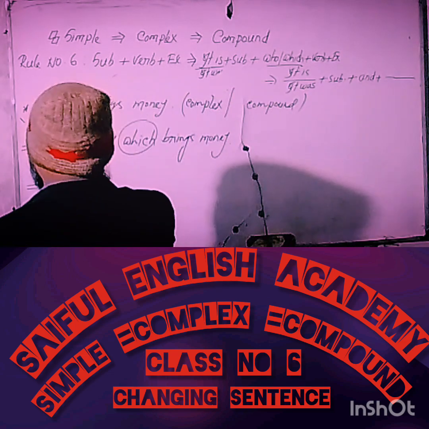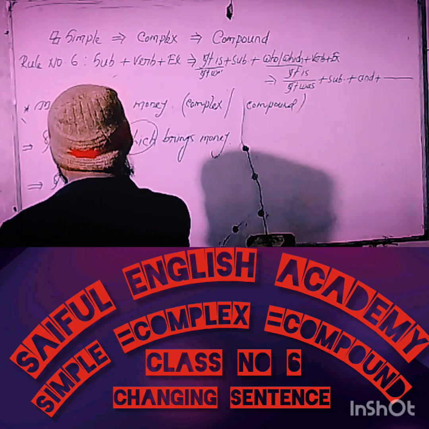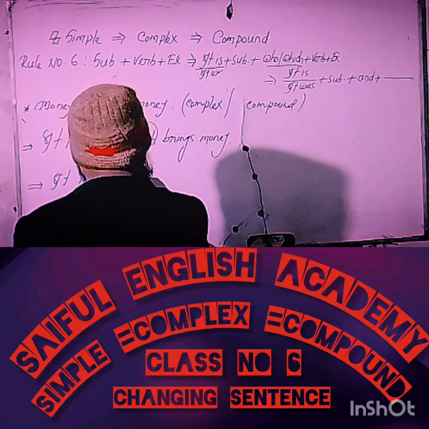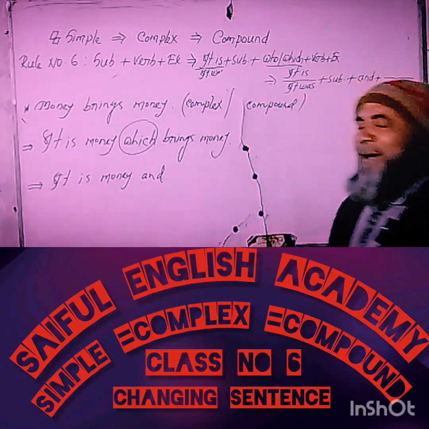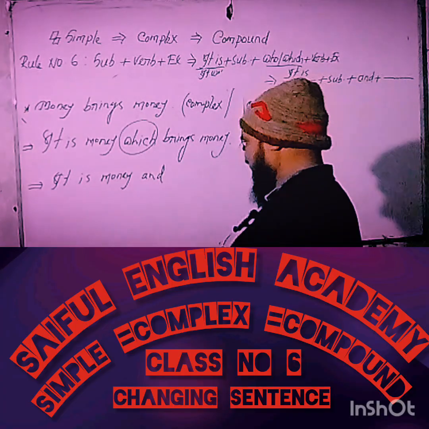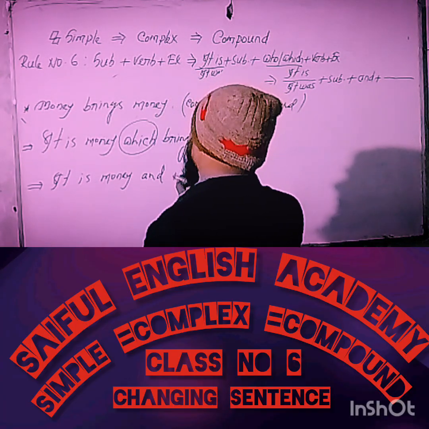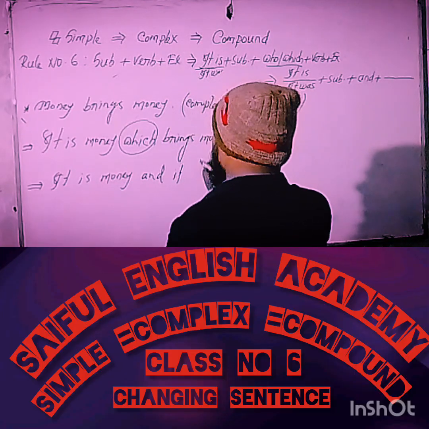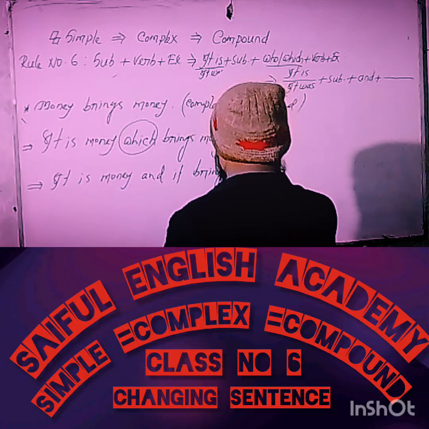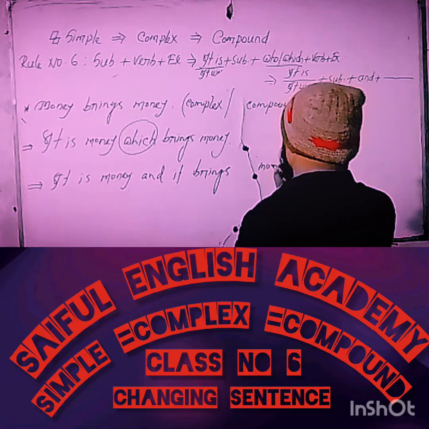So, write down it is money, and you will have to bring the subject again. Mind it, my dear learners, it's a remarkable thing. It is money and it brings money.